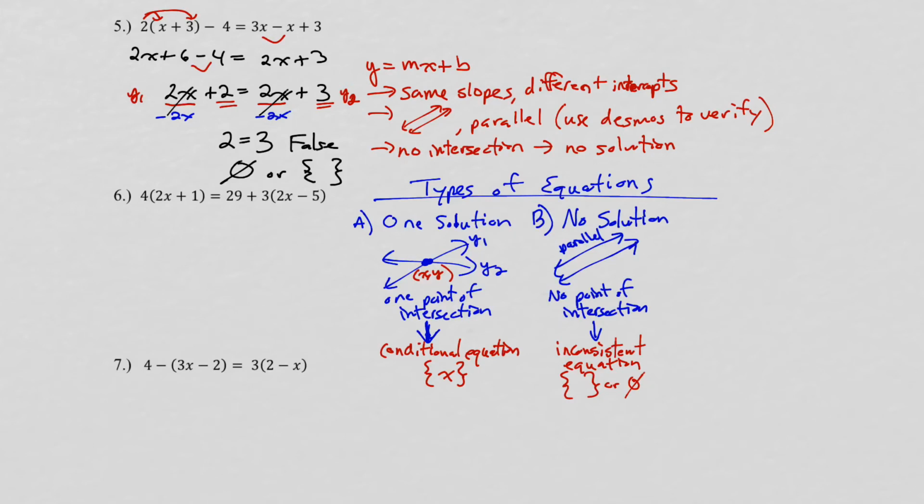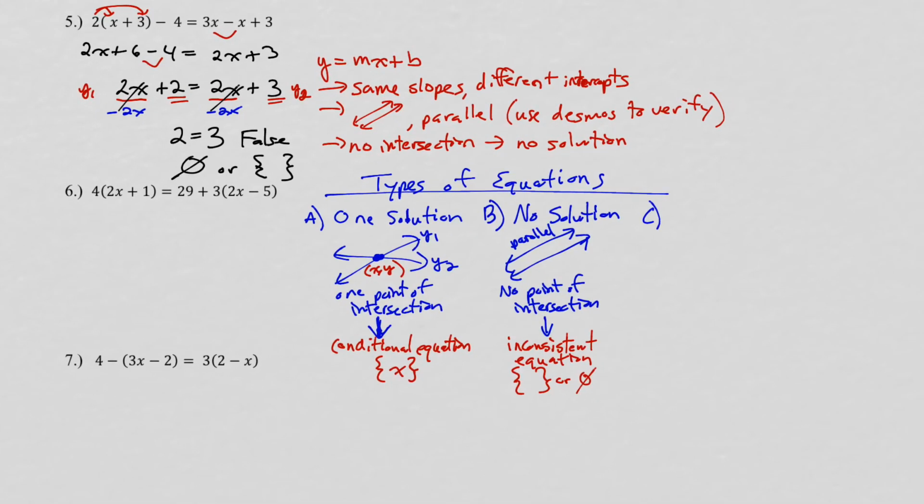Now, what we're about to encounter in number 6 is the third type of equation, and that is infinitely many solutions. Okay?